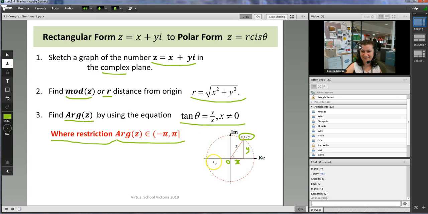So what does that mean? It goes from here, but doesn't include negative pi, to pi. That is how we have to express the final answer for an argument of a complex number. That's just a rule.